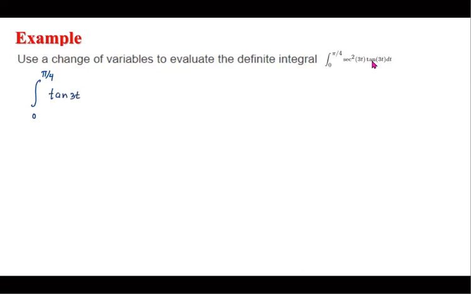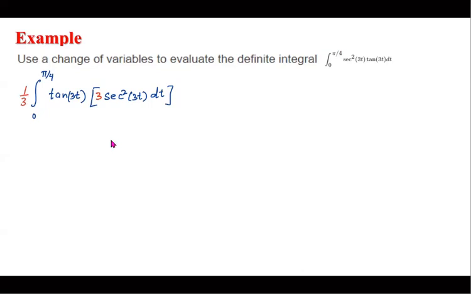Tangent 3t multiplied by secant squared 3t, and there is also dt. Now what I'm thinking is I'm going to use u as tangent 3t, and the derivative of tangent is secant squared, which is here, secant squared 3t, but the only thing missing is that the derivative of tangent 3t will be 3 secant squared 3t. So I'm missing a 3 there.